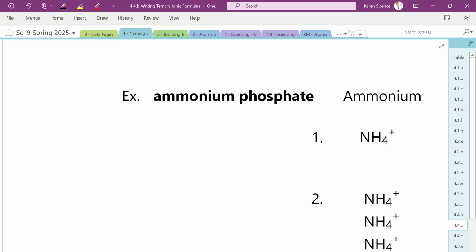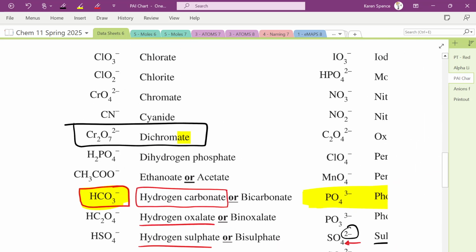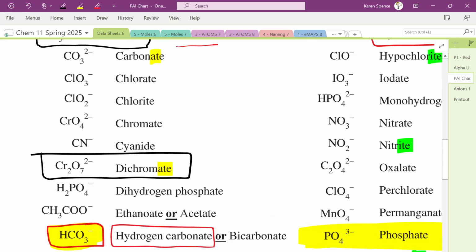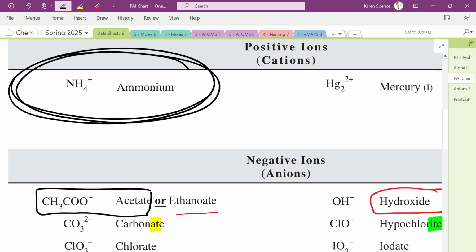And if you're still having trouble finding it, sometimes it hides because instead of being down in the section where we normally look in all of those negative ions, it is up at the top in the positive ions. So remember that ammonium is up at the top, okay?